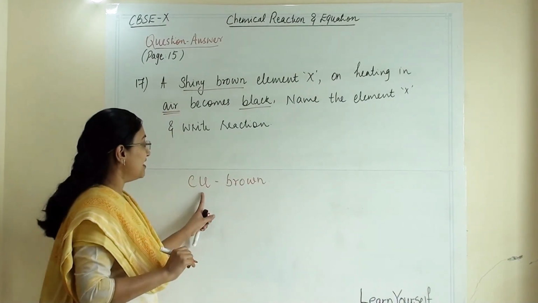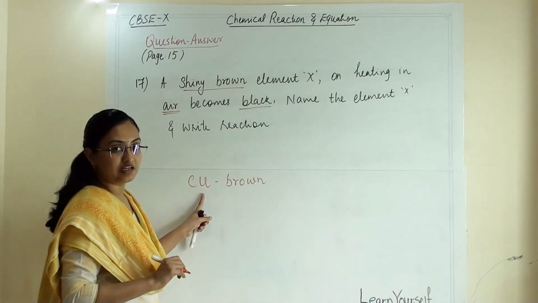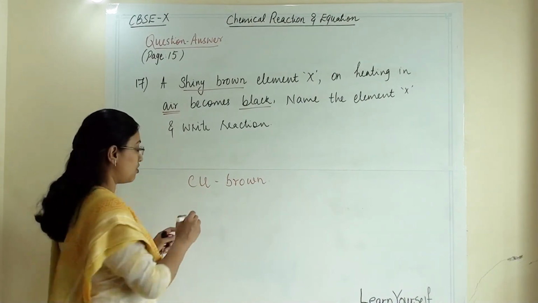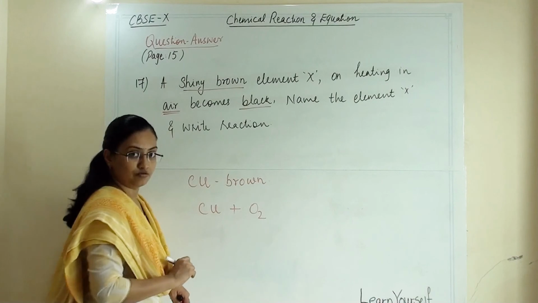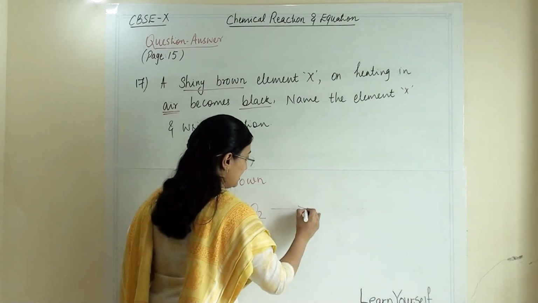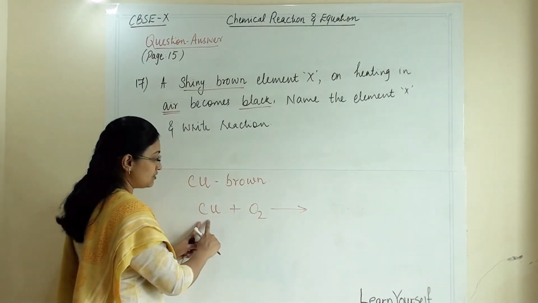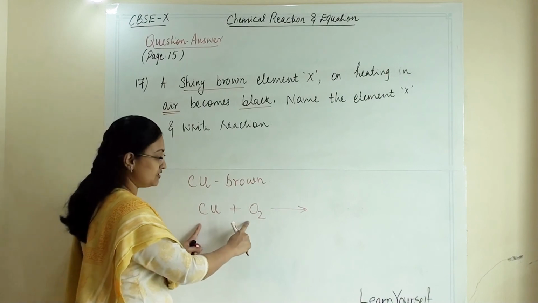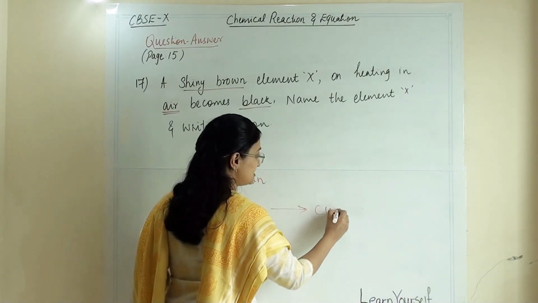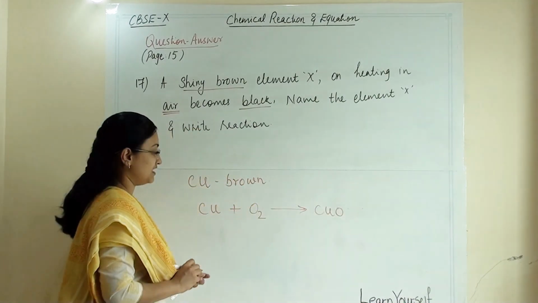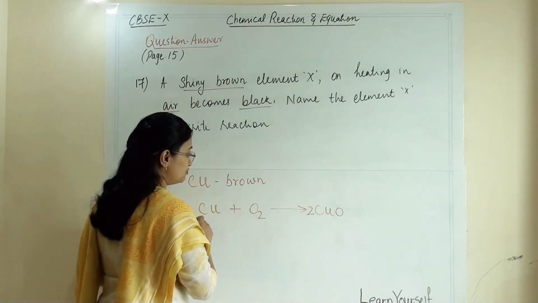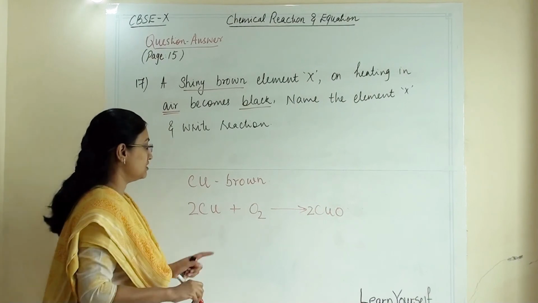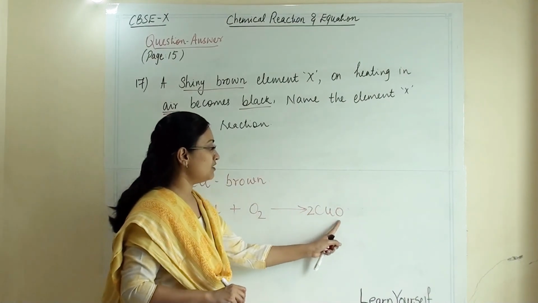Now when we are heating copper in the presence of air, that means copper will react with oxygen from the air. Copper will combine with oxygen, so it will give us copper oxide. Now we need to balance this, so we are adding 2 here and 2 here. So this is copper oxide.